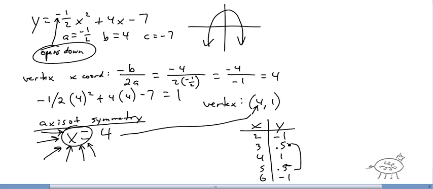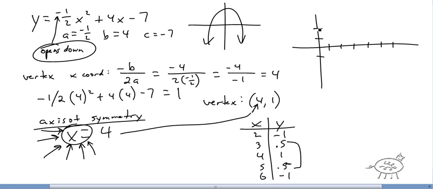So that's it. And you're saying, well, wait a second, how do you graph decimals? Well, if it's 0.5, it's just between two numbers. That's all it is. So let's graph. We have 1, 2, 3, 4, 5, 6. And then we plot our points.